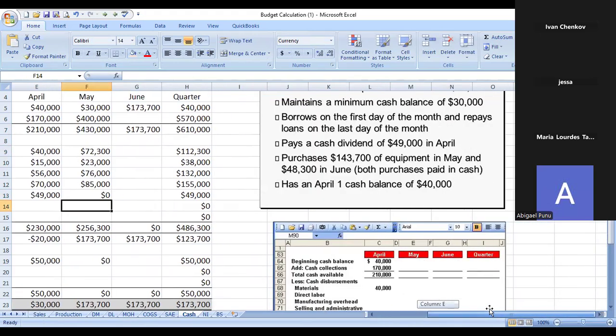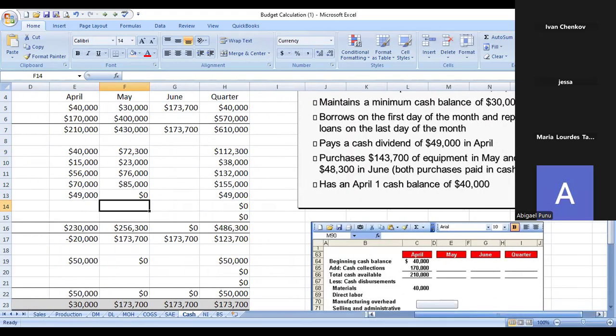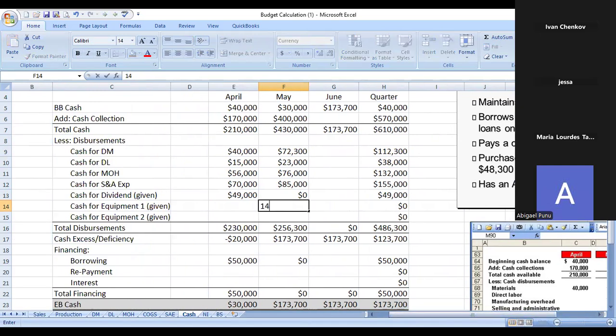But we purchased some equipment of $143,700. Now at this point, we spent $400,000, which is less than what we collected.